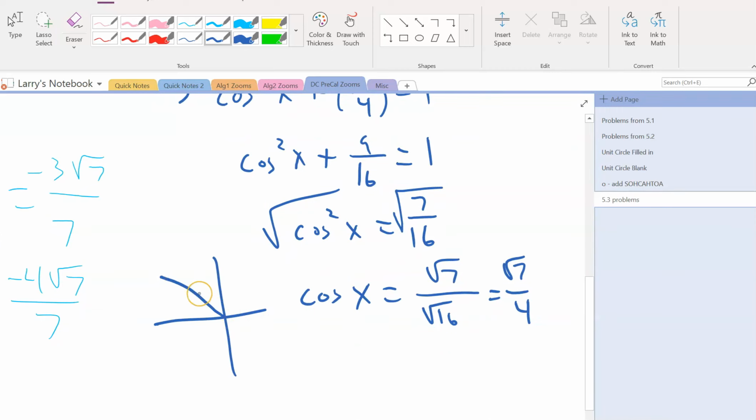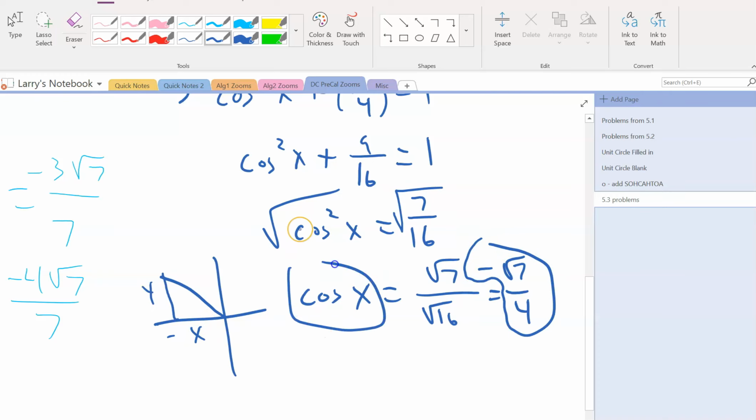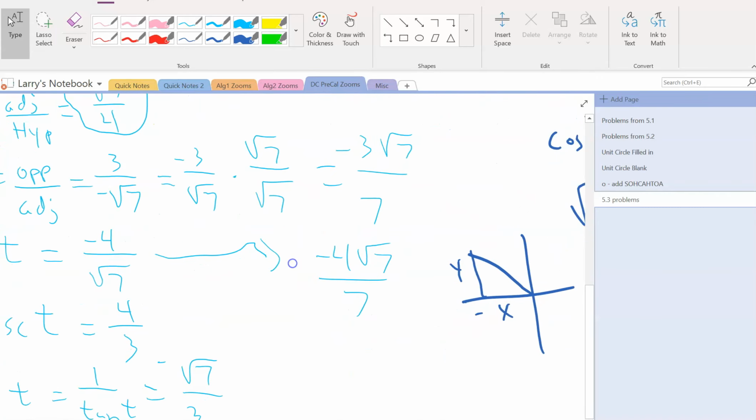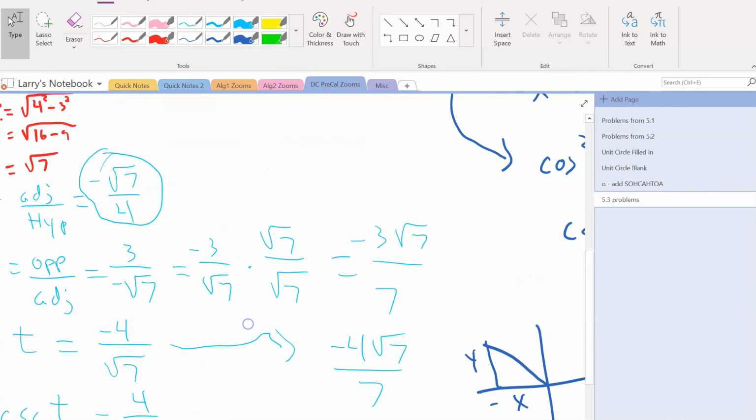In the second quadrant, y is going to be positive, but x is going to be negative. And since cosine is x, then this must be negative square root of 7 over 4. So you can see that's exactly what we got using the triangle method. Negative square root of 7 over 4. Either of those methods will do.